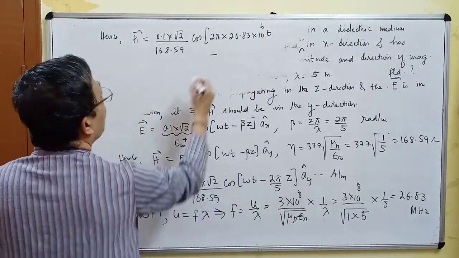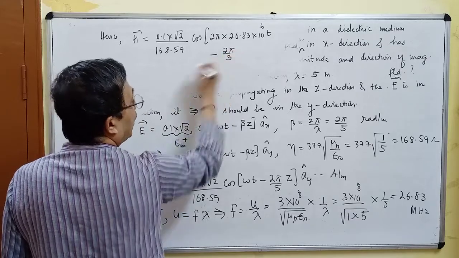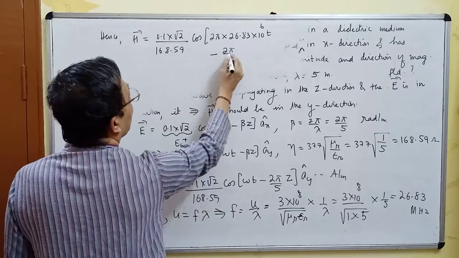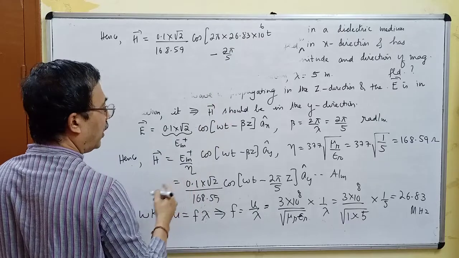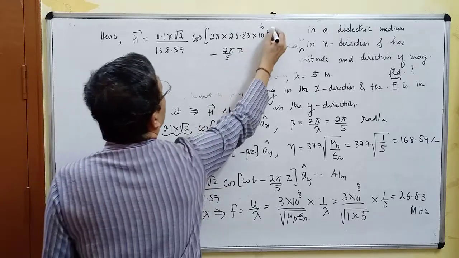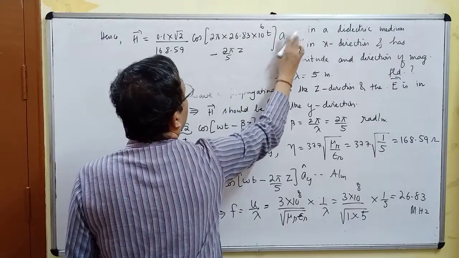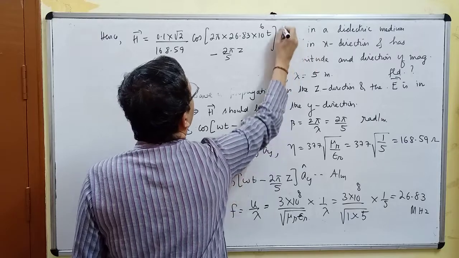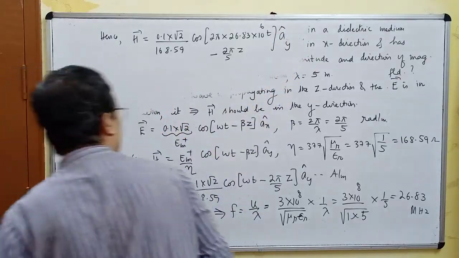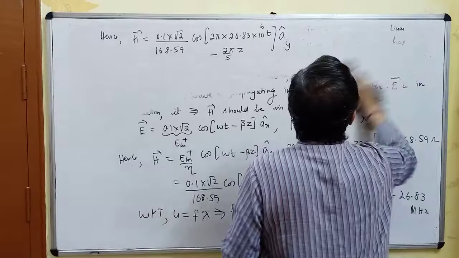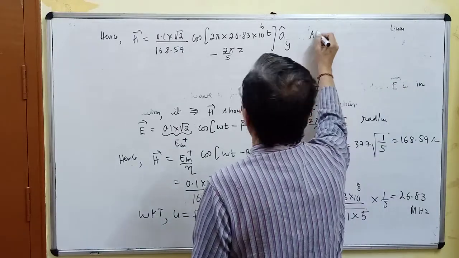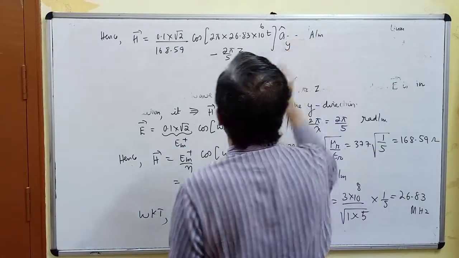Beta is 2 pi by 5, into z. Whole thing multiplied by ay cap. So many amperes per meter. This is the end of the problem. Thank you.